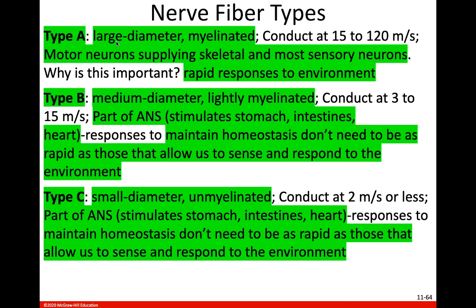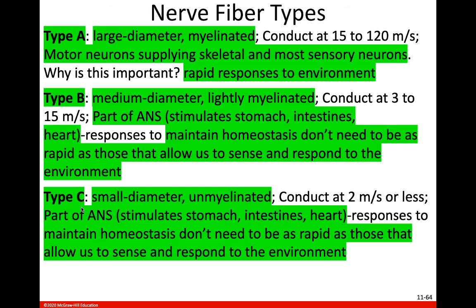So that is why we need the very large diameter myelinated type A fibers controlling that. So our sensory neurons send that information very quickly to our CNS. Our CNS is able to send the information to respond very quickly back to our skeletal muscle to have us move. This limits the amount of damage that we're going to get. It allows us to respond by moving our hand very quickly. So I hope that makes sense.